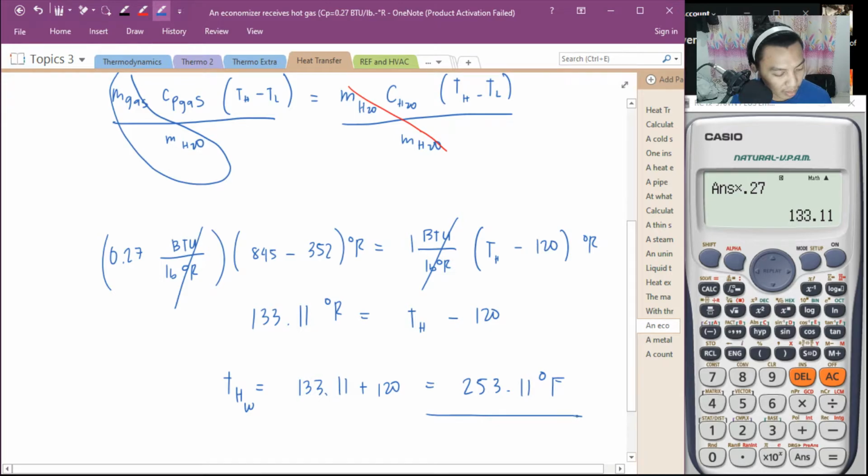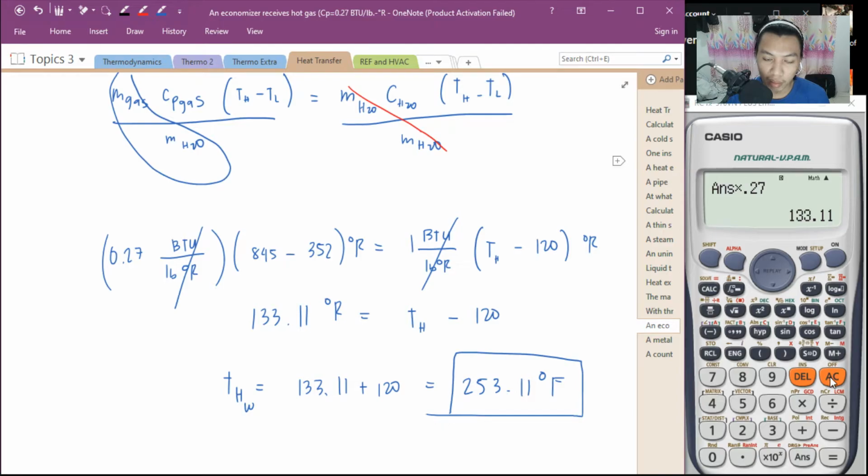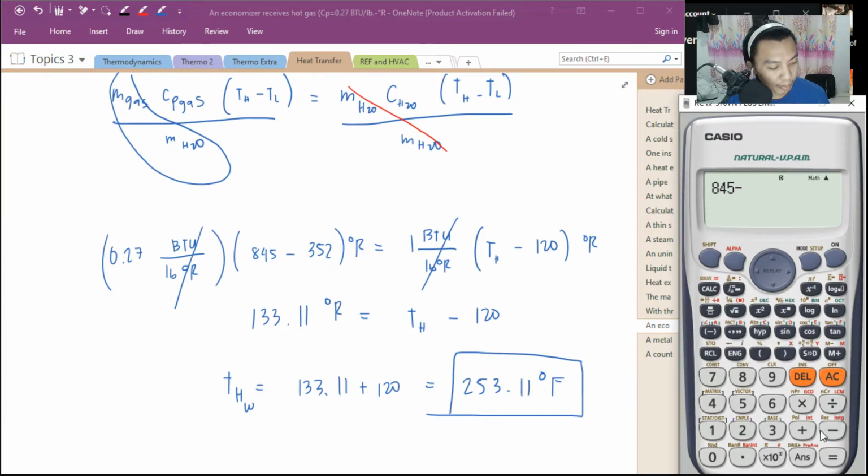Tama ba? Let us check. Okay. 845 minus 352 times 0.27. Okay. 133.11. Tama.